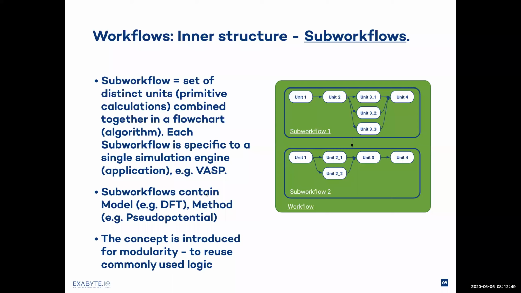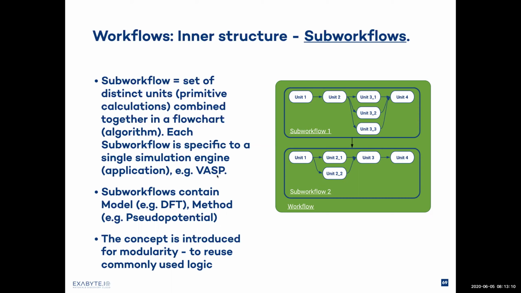We did this on purpose to be able to have this modular structure where sub-workflows can only contain one model and one particular method implementing this model. For example, each sub-workflow has to be specific to a certain simulation engine, like Quantum Espresso or VASP.